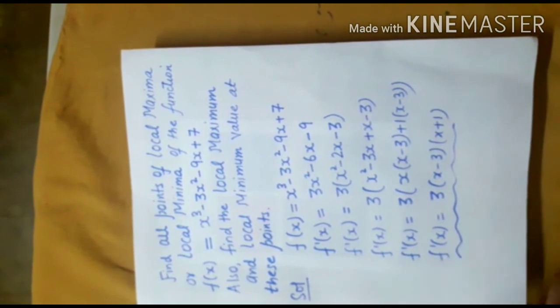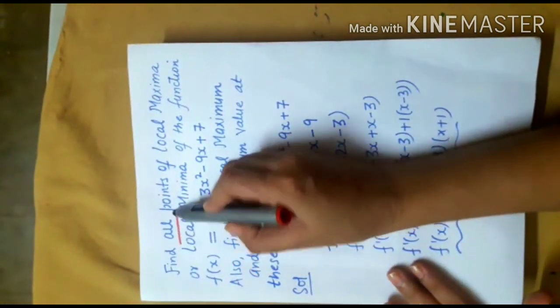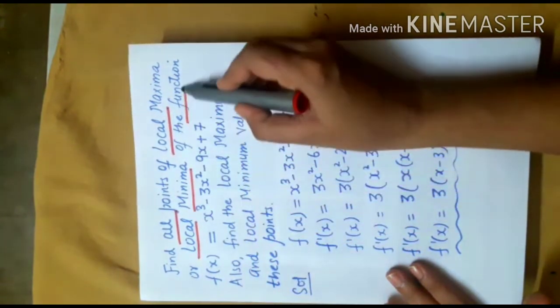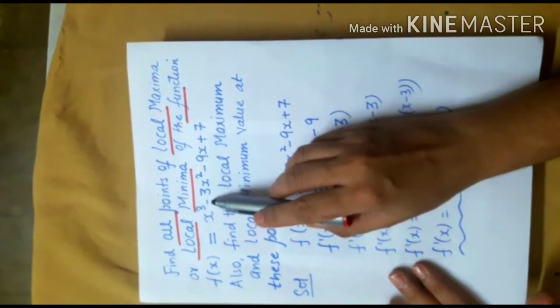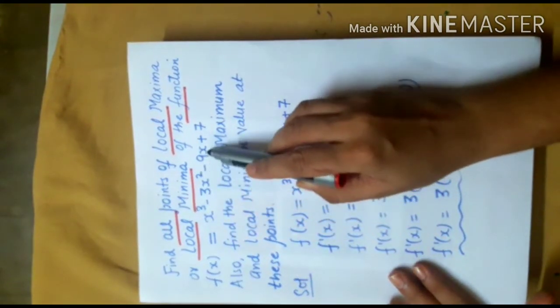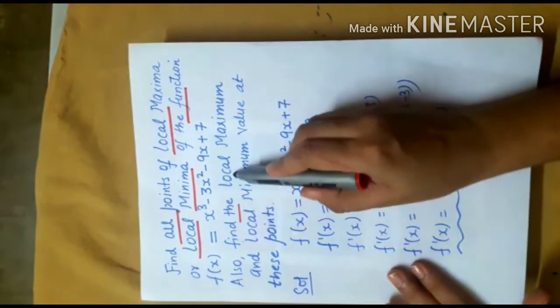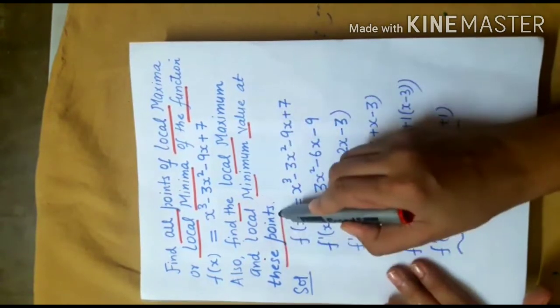Now let's take one question. Question is, find all points of local maxima or local minima of the function f(x) equals x cubed minus 3x squared minus 9x plus 7. Also find the local maximum and local minimum value at these points.